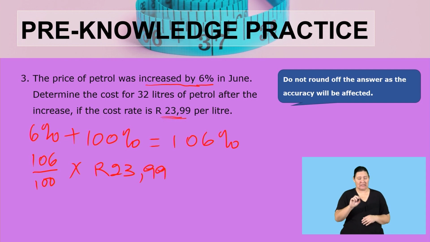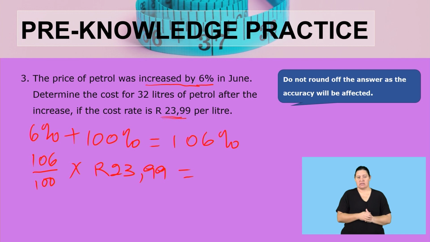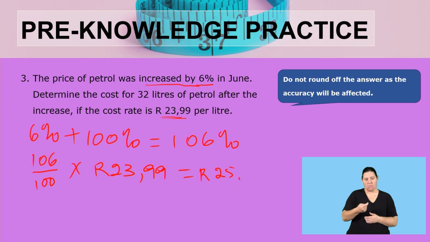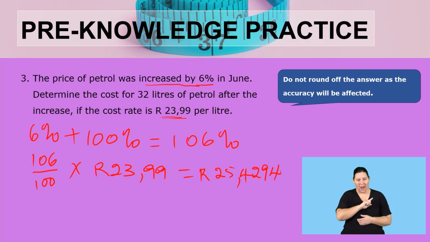So let us increase this cost rate. We will have 106 divided by 100, and then we multiply this by 23 rand 99. The answer that I'm getting is 25 rand 4294. Once more, it is South African currency. The 9 will determine whether we round up or round down because we need 2 values after the comma.